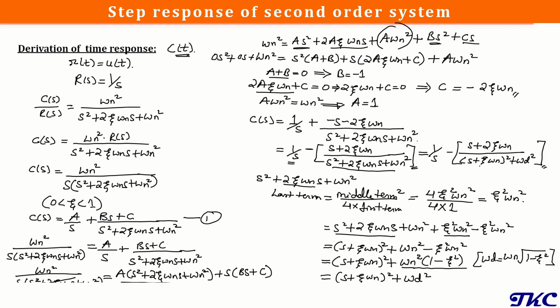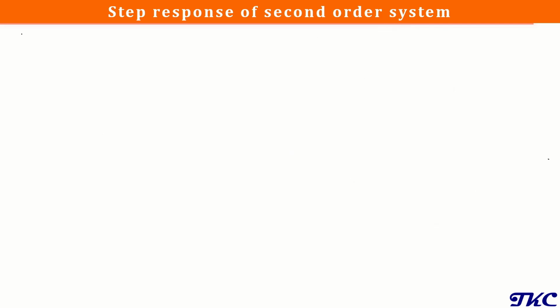Now again we need to rearrange this term in order to take the inverse Laplace of it. So let's do that. We have C of S is equal to 1 by S minus, in bracket, S plus 2 zeta omega n divided by bracket S plus zeta omega n the whole square plus omega d square, bracket close.